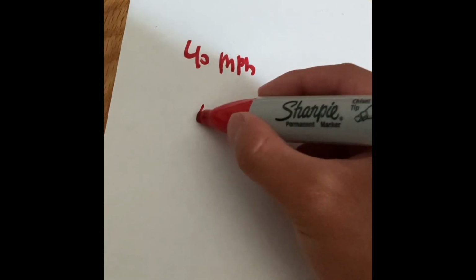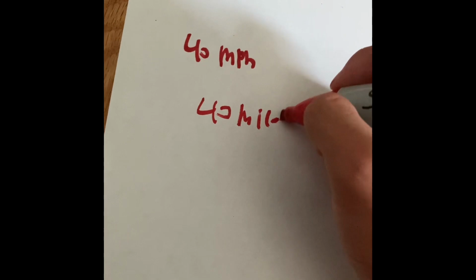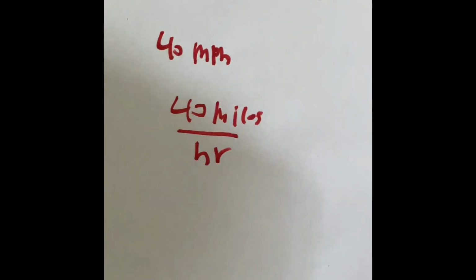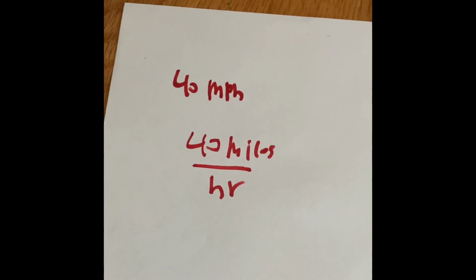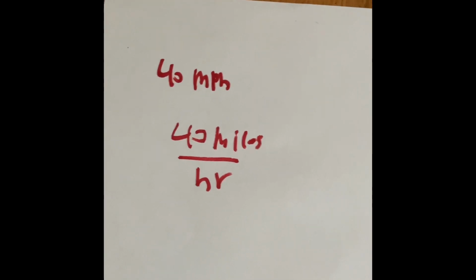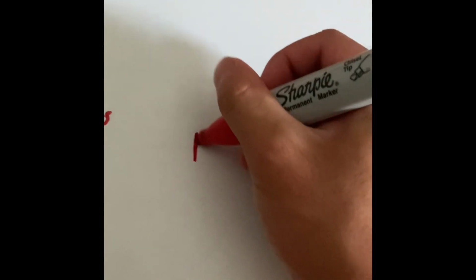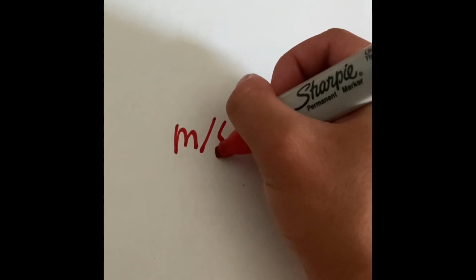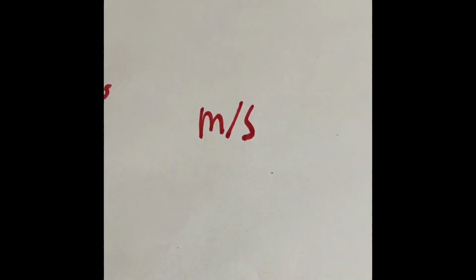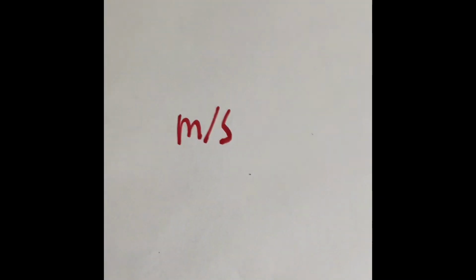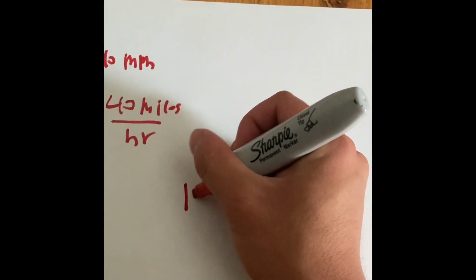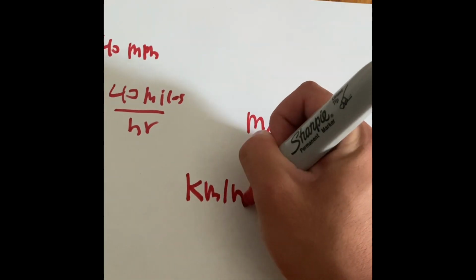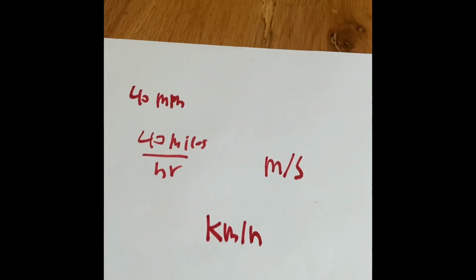Most of the time, high school classes want you to measure speed and velocity in meters per second. That is still a kind of speed, because you're talking about a distance and the time to complete that distance. In England and Scotland, you'll use kilometers per hour. In the US, you'll use miles per hour.